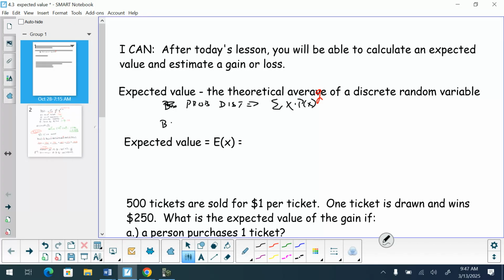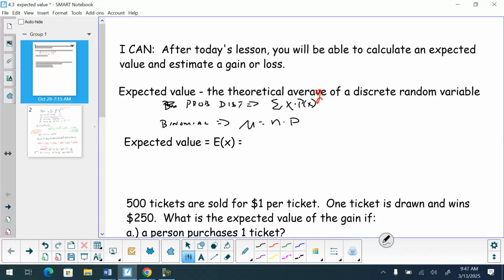Yesterday when we talked about binomial, our theoretical mean is just n times p. So those are the 2 things that we have talked about in regards to a binomial distribution mean, or just a probability distribution mean.